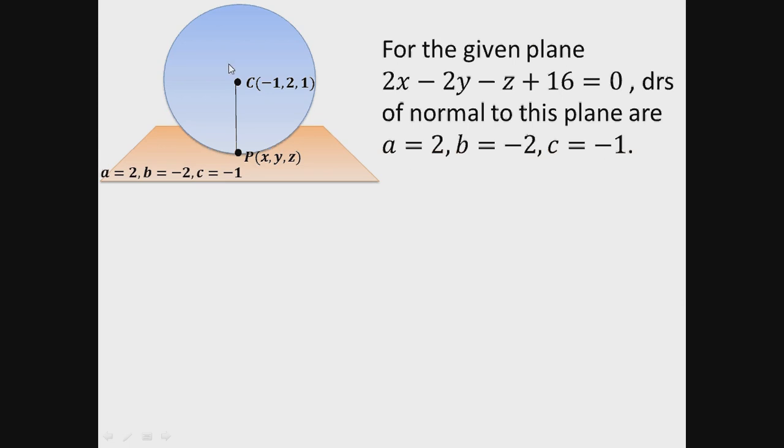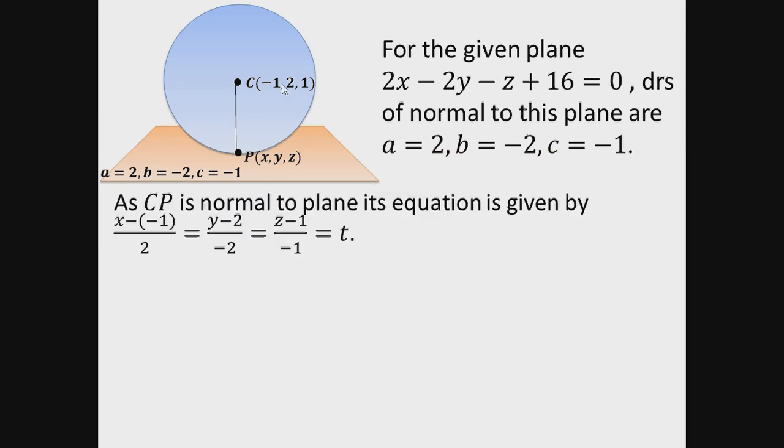Now if we consider this CP perpendicular to the plane, then this CP is nothing but the normal to this plane, and then the equation of that normal with 1 point and dr's is x minus of minus 1 divided by 2 equal to y minus 2 divided by minus 2 equal to z minus 1 divided by minus 1 equal to t.